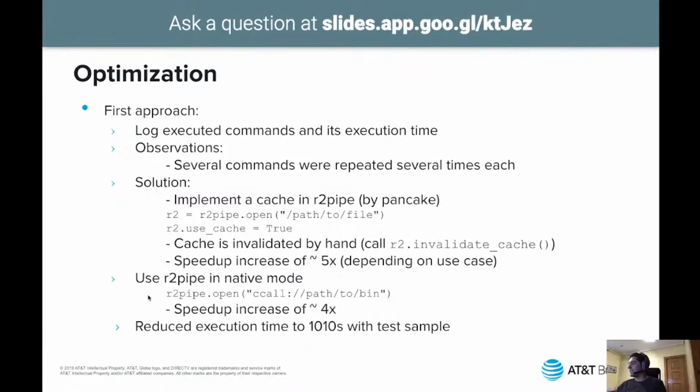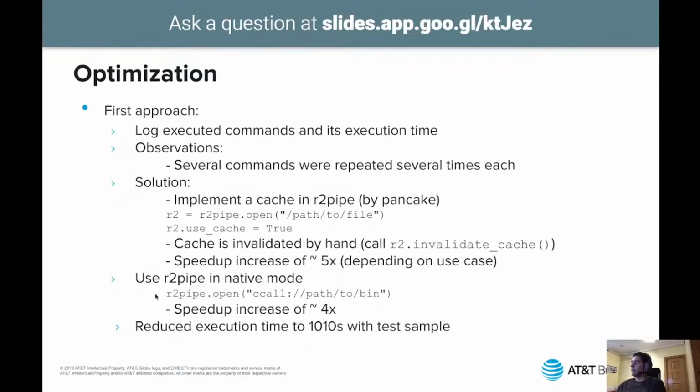As I was saying, the other thing I did was to use R2pipe in native mode. What native mode means, if you don't know, is that normally when you use R2pipe, you spawn a Radare process which is separate from the Python process, and the two processes communicate through a pipe.